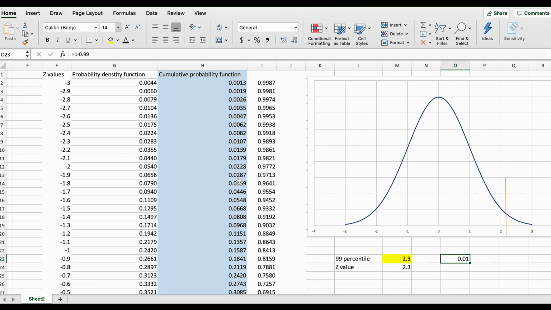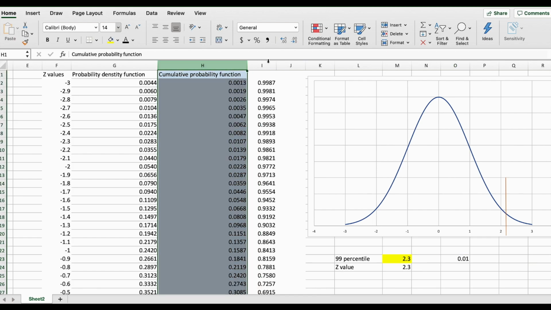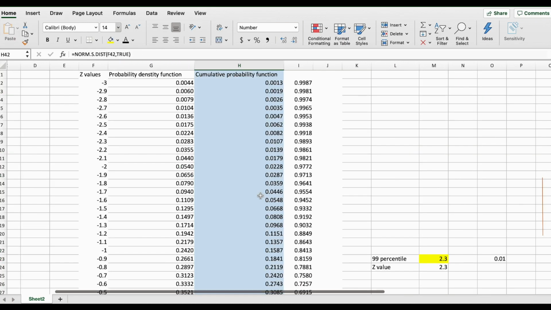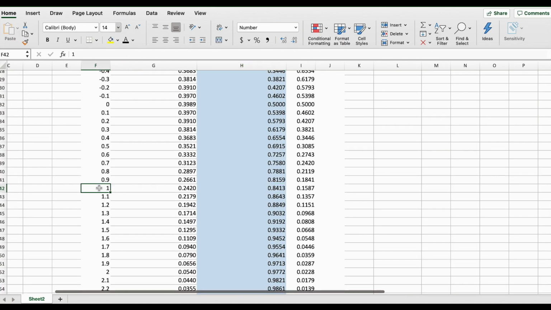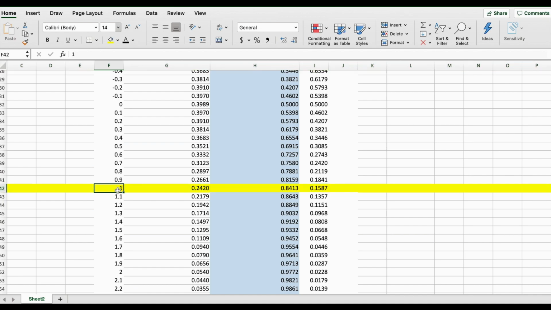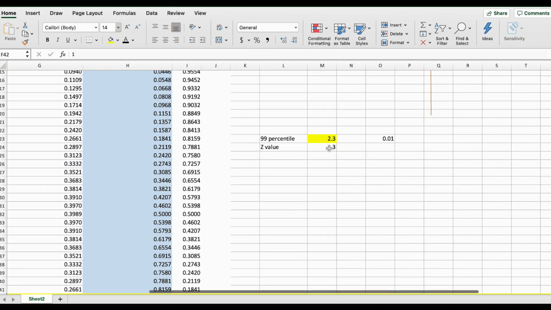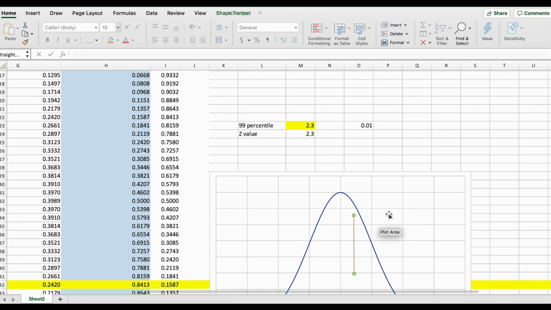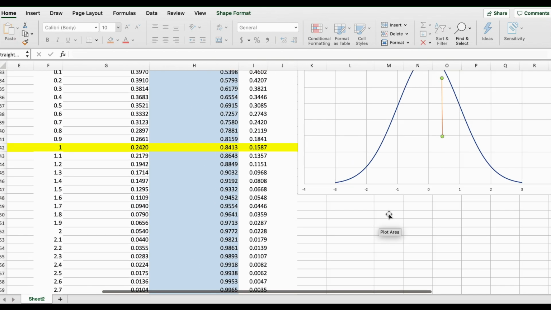Now let us examine the probabilities that we generated in column H. For instance, let us look at when z equals 1, and let's interpret what these values mean. Let me drag my bell curve. When z equals 1, 1 is right here.